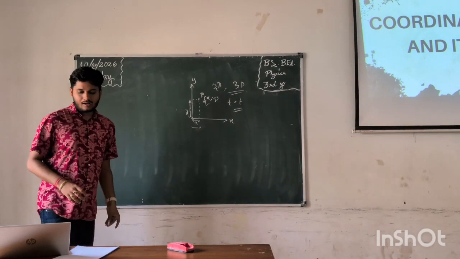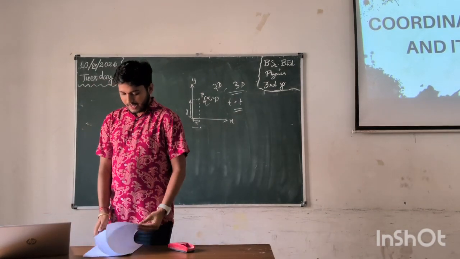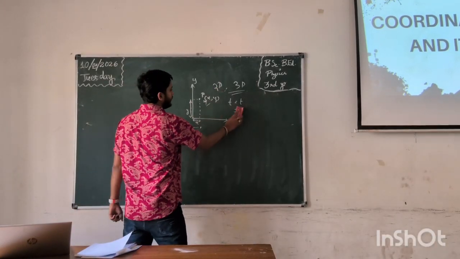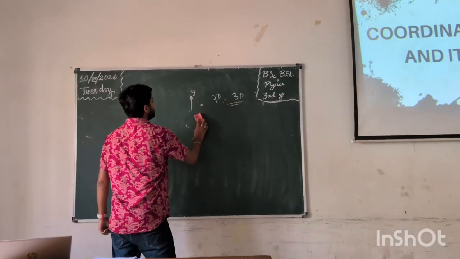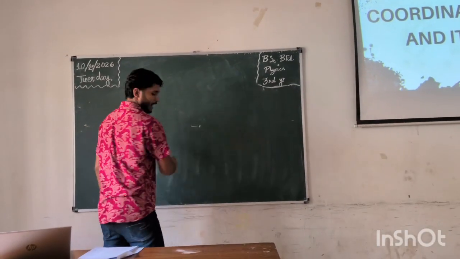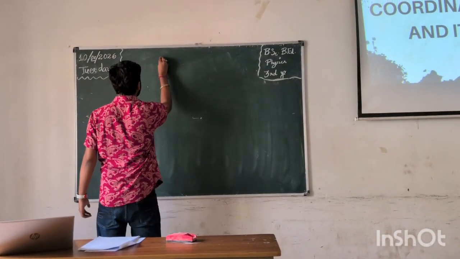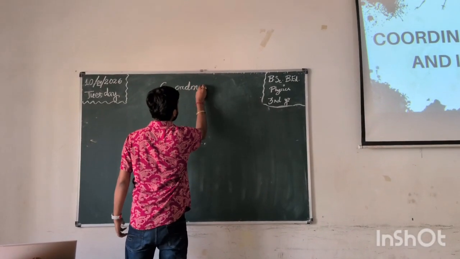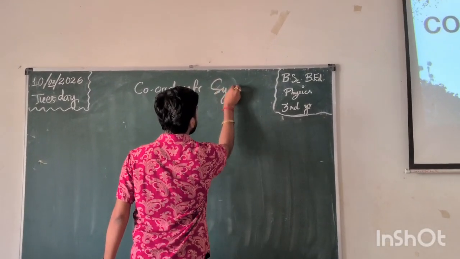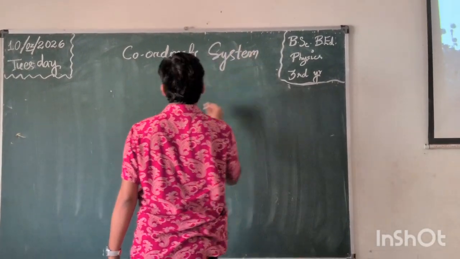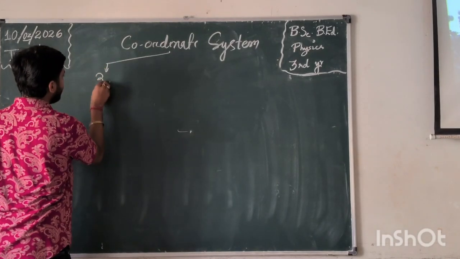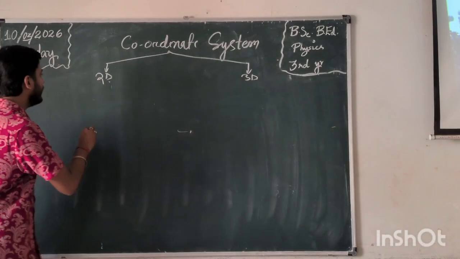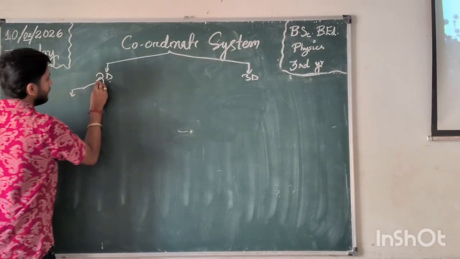In coordinate systems, as already discussed, there are 2D and 3D types. In 2D we can have two types of coordinate system.